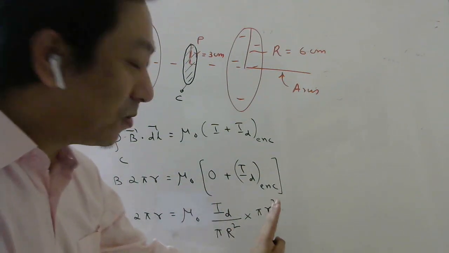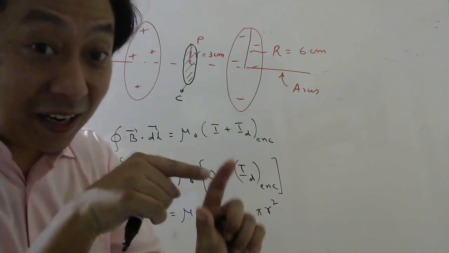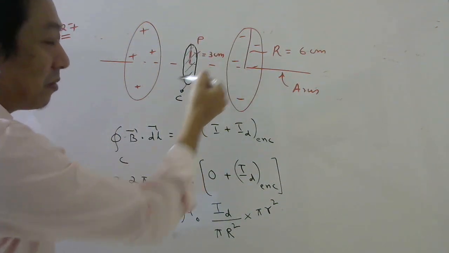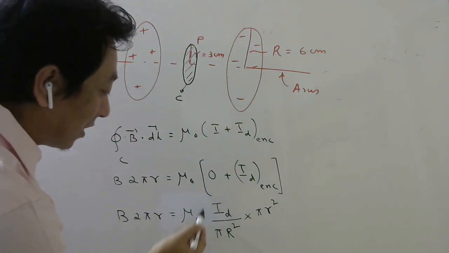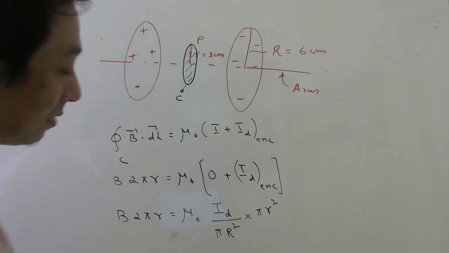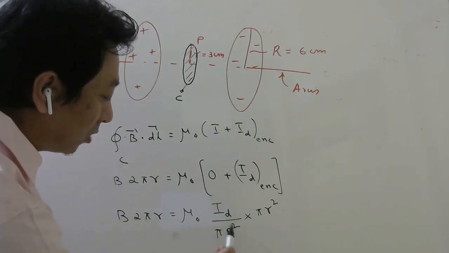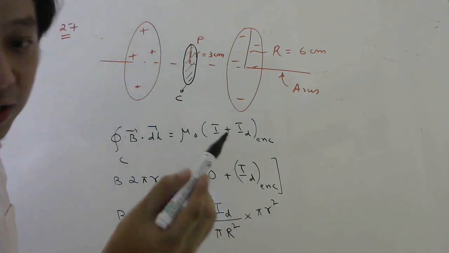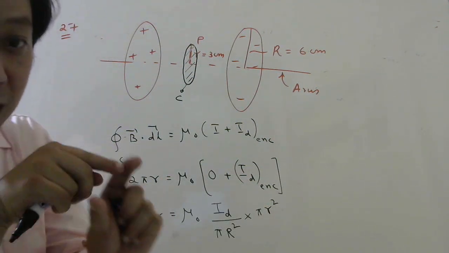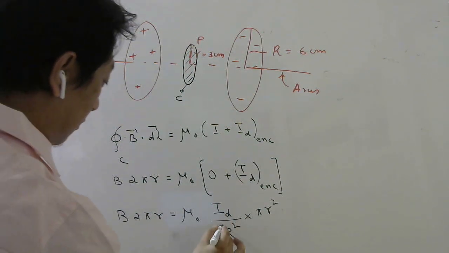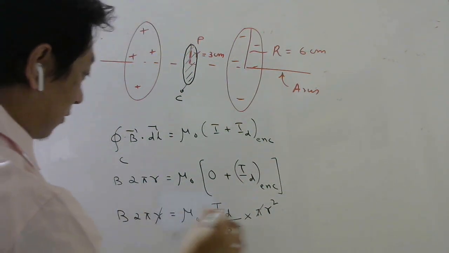So J into A will give you the current in that area A. I want current only in this much area, so you have to find the current density first, then multiply with the area. Or you can say total current by total area into the area of a small part will give you the current through that small part. By the way, this pi will cancel, one r here will cancel.